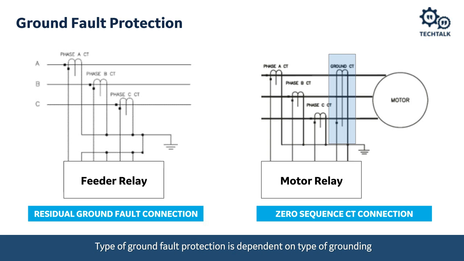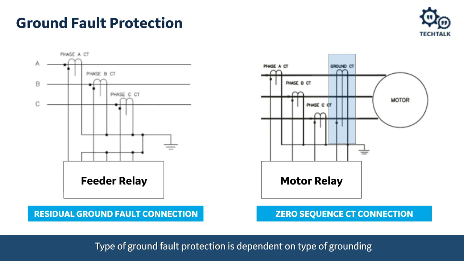So even if it's 100 to 5, if we have 10,000 amps of available fault current, that CT would saturate and wouldn't be a good solution for that solidly grounded system. So we want to really choose our CT methods and our ground fault methods based on the available ground fault current and how we are actually grounded.